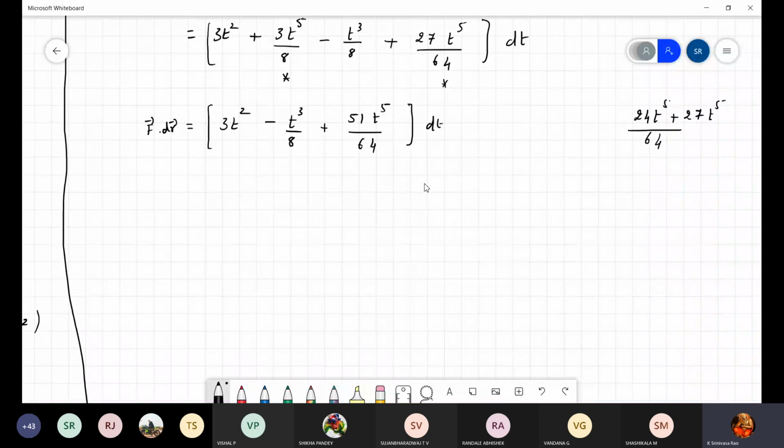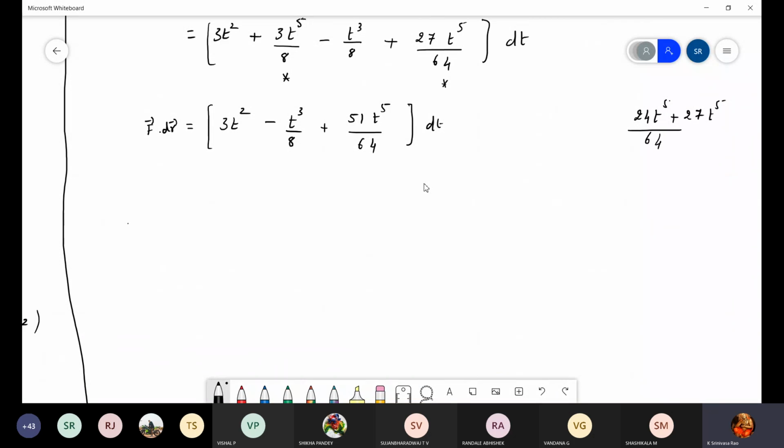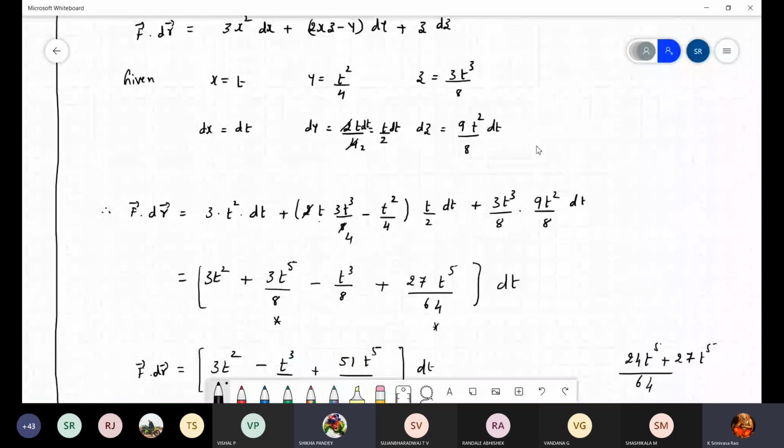Therefore, I'll just finish because the beginning was delayed. The integral of F dot dr equals the integral of 3t square minus t cube by 8 plus 51 by 64 t power 5 dt, and t varies from 0 to 2.